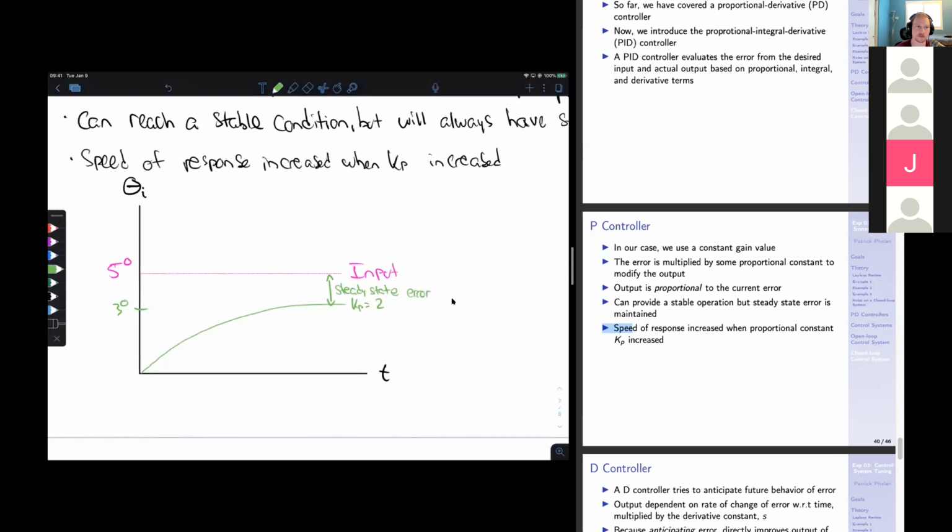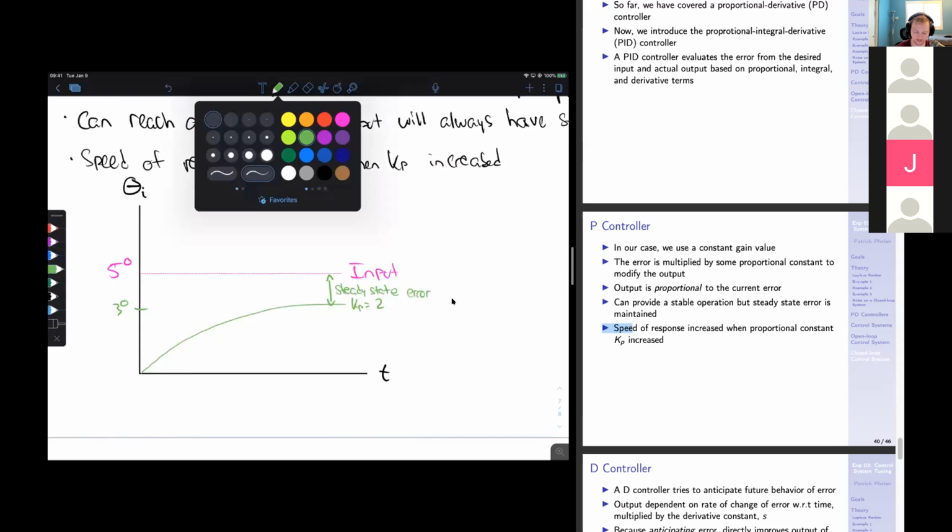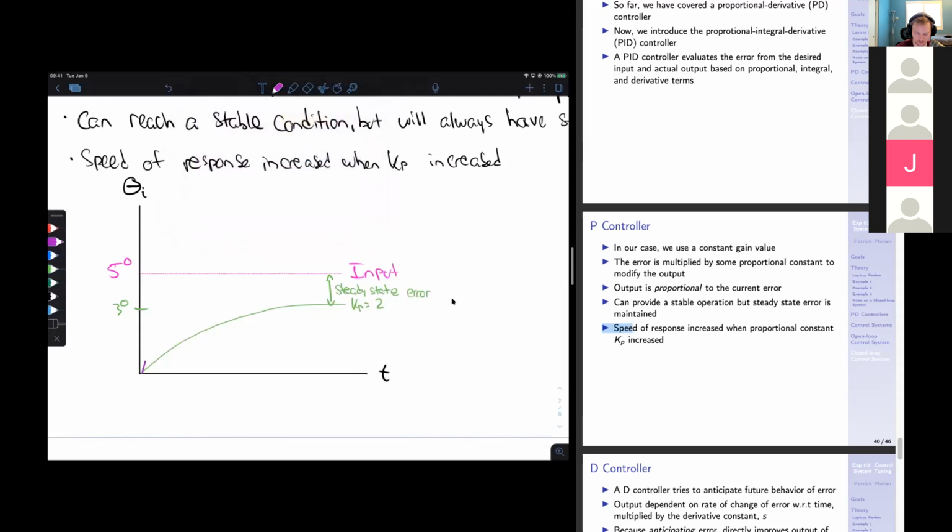So if I increase my proportional gain controller, what we'll basically see in the end is we're going to go something like this. Again, it might not be drawn perfectly, but it's just to demonstrate what we have. Actually, I should draw it a little differently.